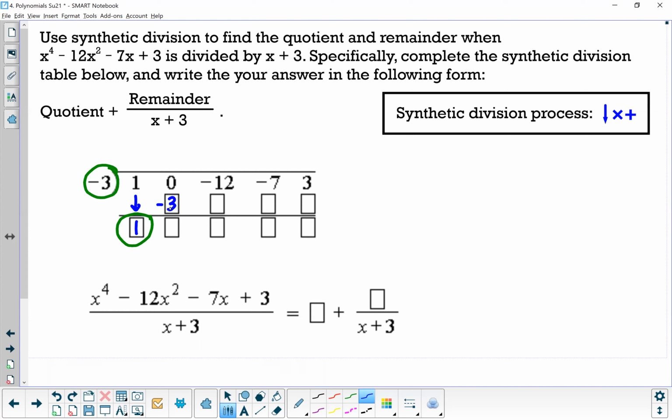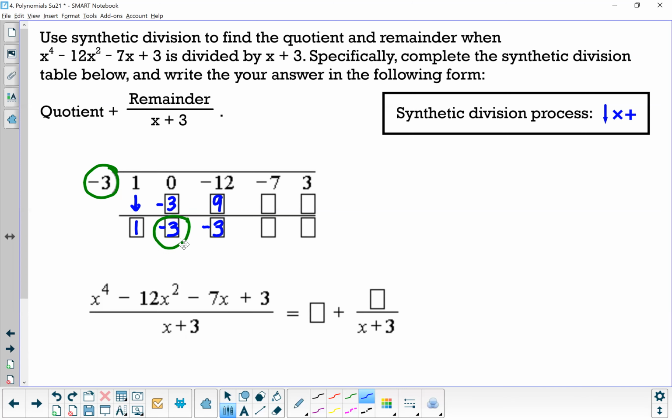Add 0 to the negative 3 and you get negative 3. Okay, begin the cycle again. Multiply negative 3 times the negative 3 and you get 9. Add the negative 12 to the 9, so essentially we need to subtract and we end up with negative 3.